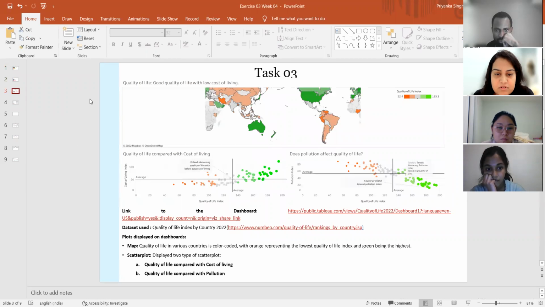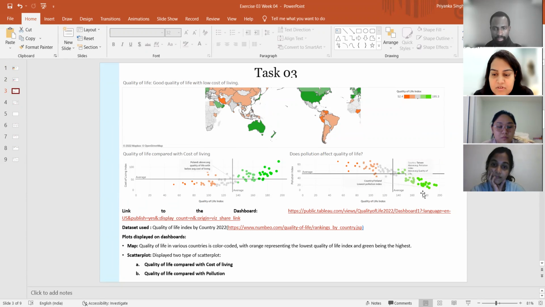Moving to the next one, this task was our lab exercise using the quality of life data and comparing it with different aspects. In addition to what we did in the class, we created an additional data set, and an additional chart using the same data, where we try to analyze how pollution affects quality of life.